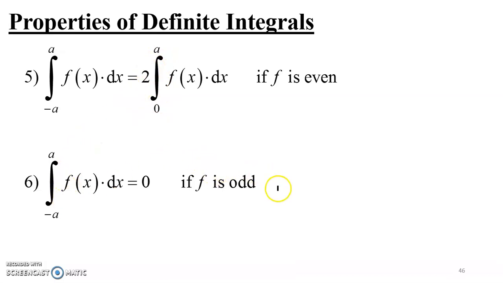And if f is odd, and we're also integrating f(x) between negative a and a, then that integral is immediately equal to 0.